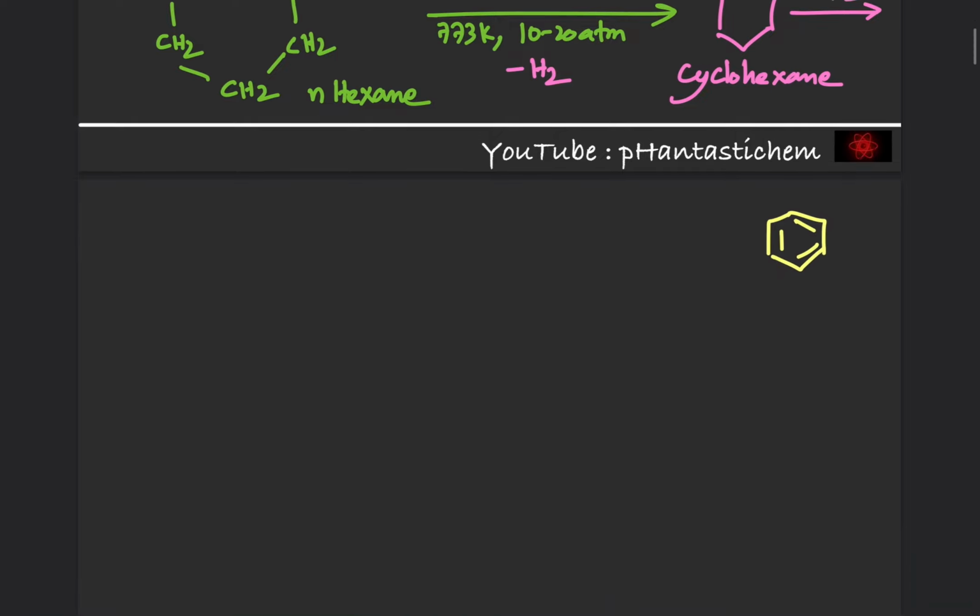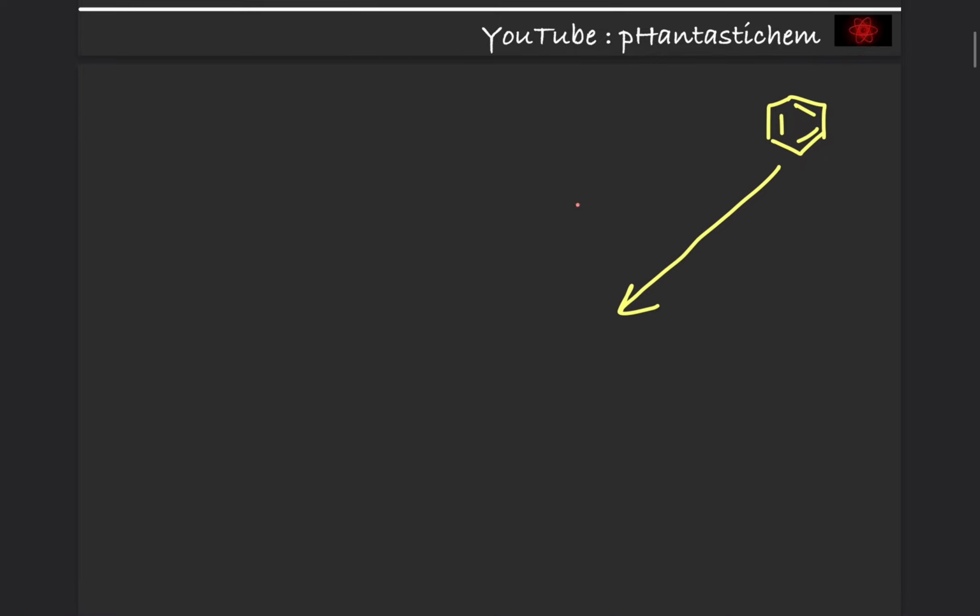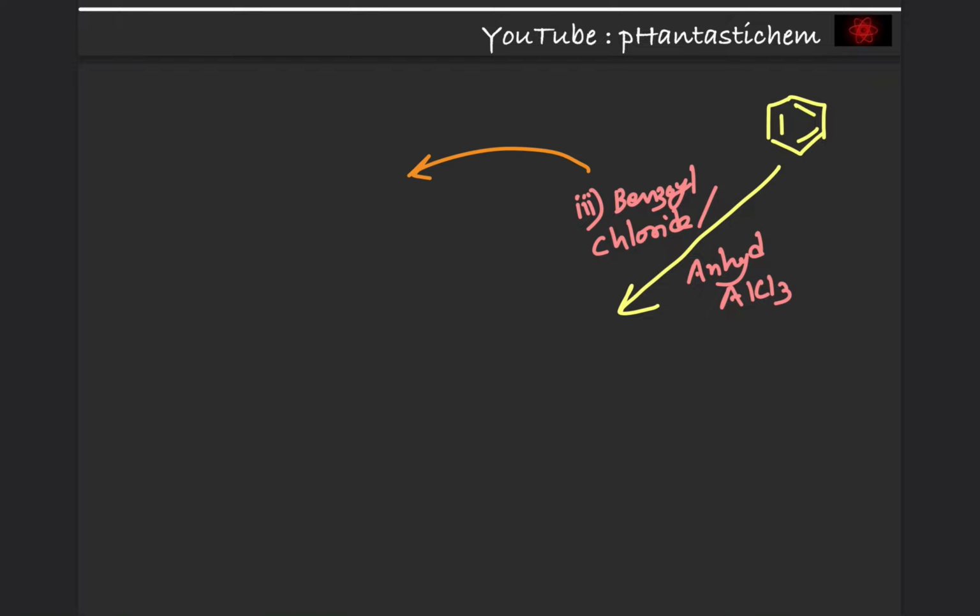Okay, then this benzene is subjected to the third set of reagents, that is benzoyl chloride in the presence of anhydrous AlCl3. Okay, benzoyl chloride is this guy, benzene ring connected to C double bond O Cl.